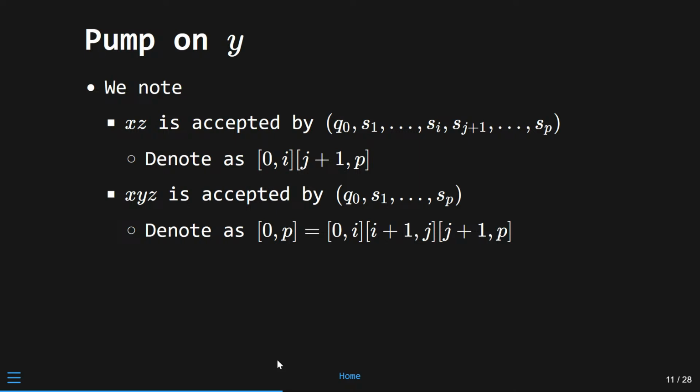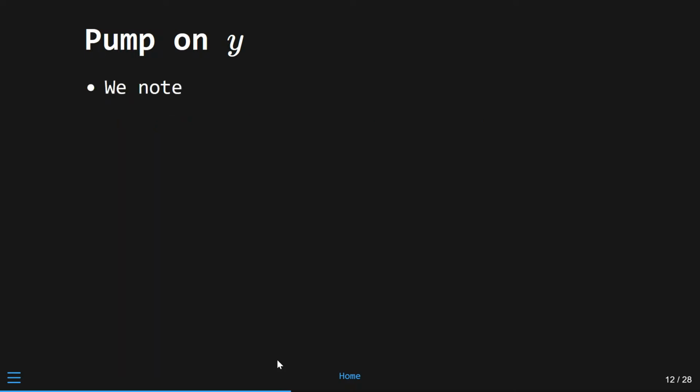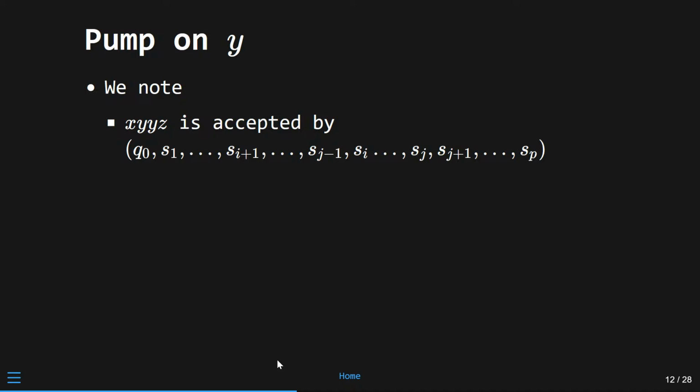XYZ is just q naught through s sub p. And we can denote this the same way. We note that the initial and terminating intervals are the same, and we just have i plus 1 for j. And that is the repeated sequence. A lot going on here. Well, what is going on here? It's not too bad.